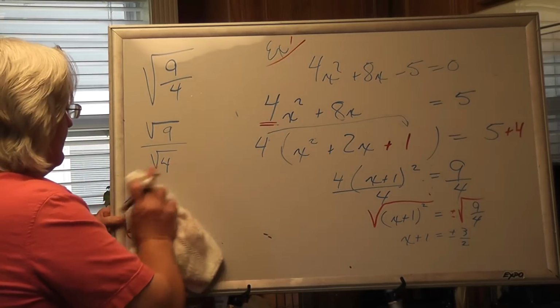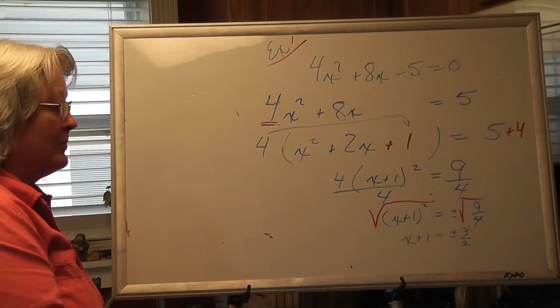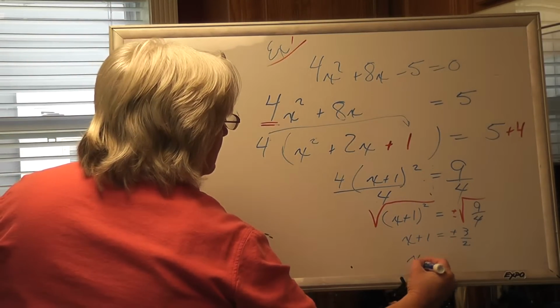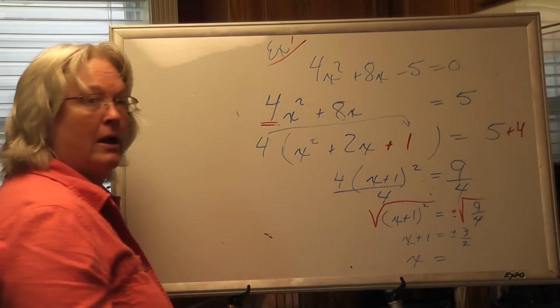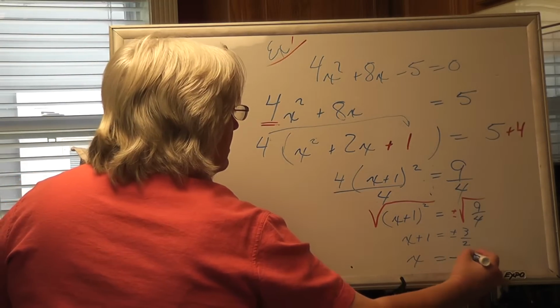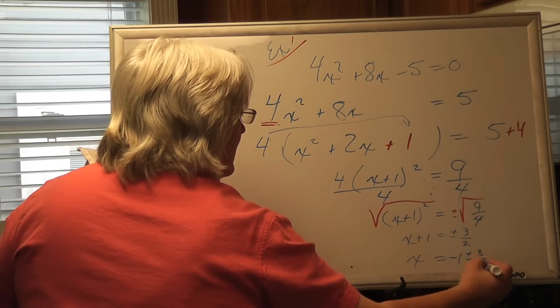Now, what do I have to do? Do I care about x plus 1? No, I don't care about x plus 1. I just care about an x, so I'm going to subtract a 1 from both sides of the equation. So I have -1 plus or minus 3/2.